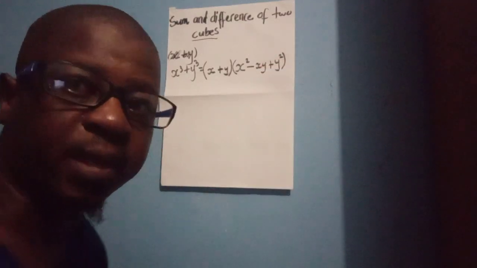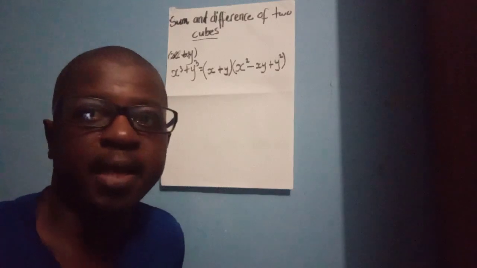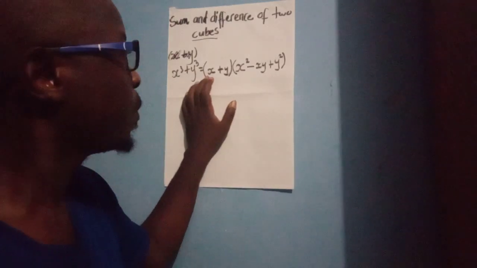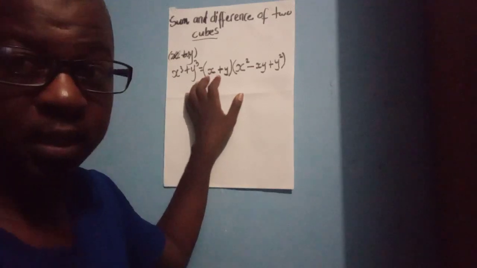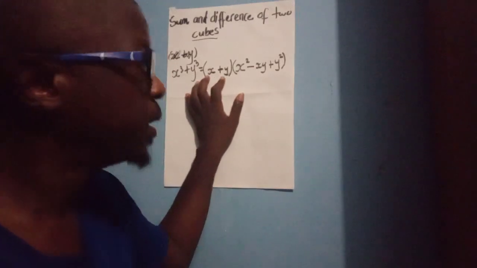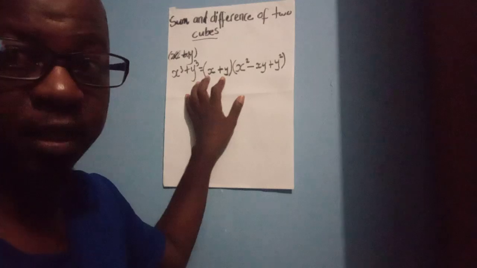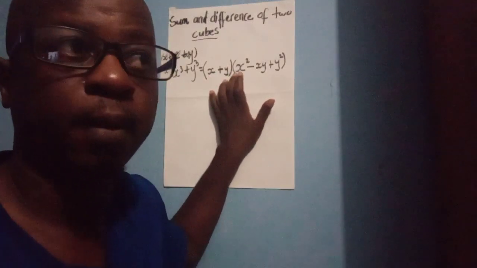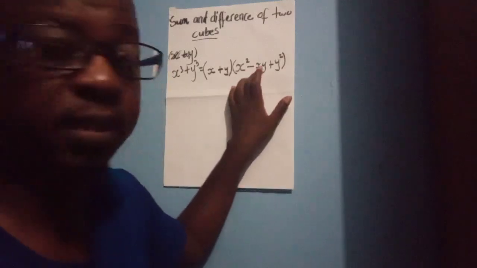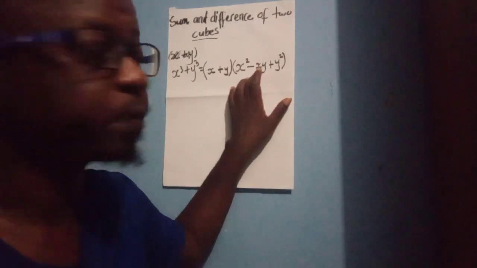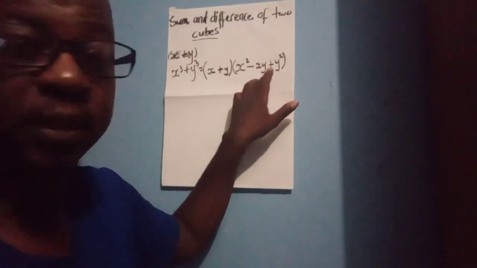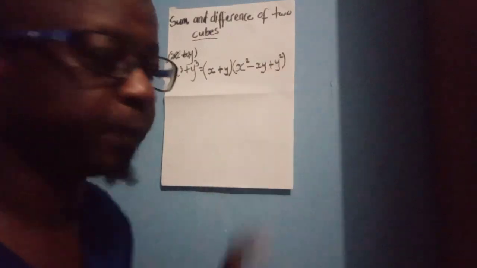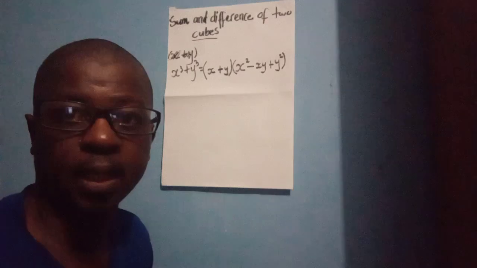So to summarize, we're basically saying first term plus last term in the first bracket. In the second bracket, we have first term squared, minus first term and last term multiplied, plus last term squared. Okay, that is it.